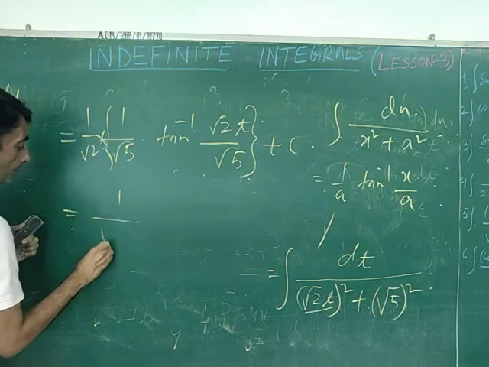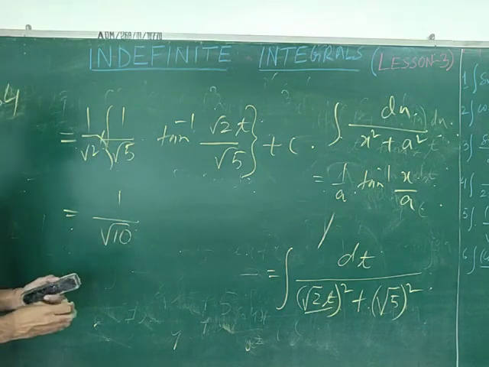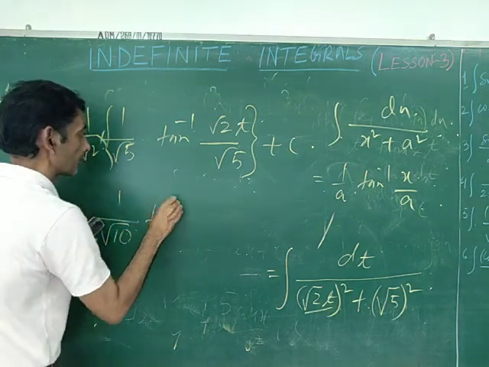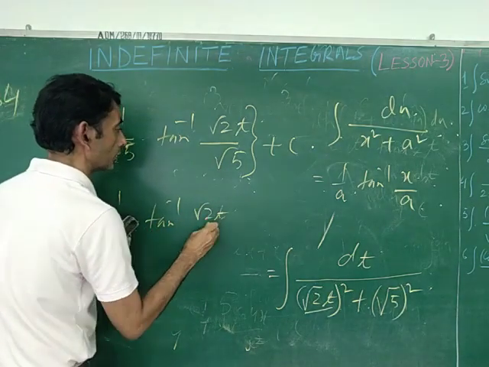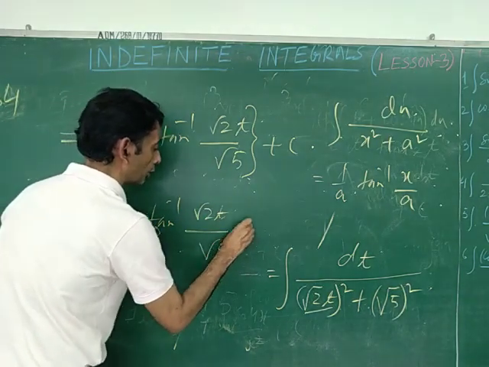1 by root 10, tan inverse root 2t by root 5 plus c.